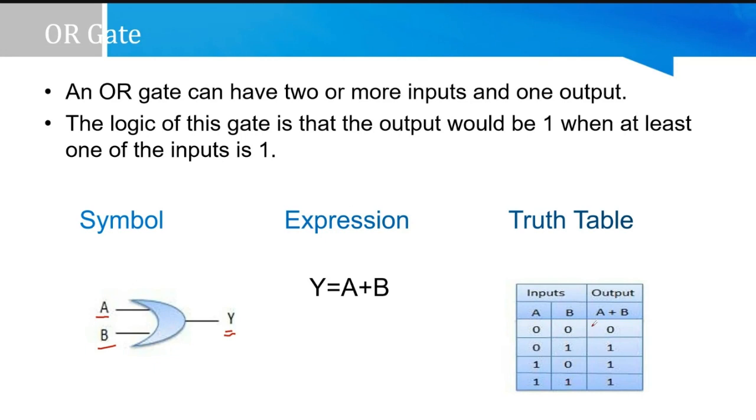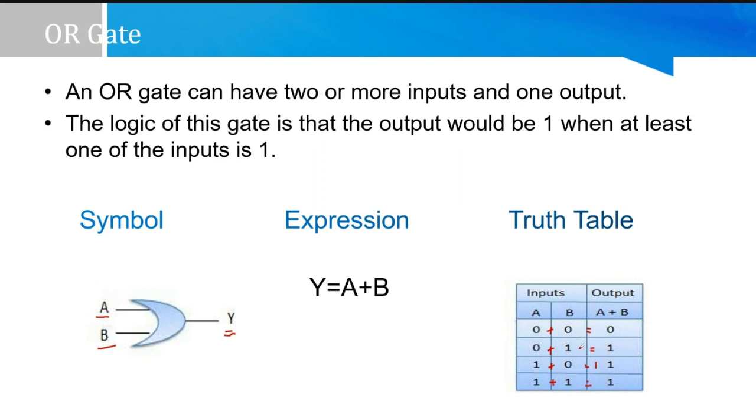So 0 plus 0 is 0, 0 plus 1 is 1, 1 plus 0 is 1, 1 plus 1 is 1. That's why we call it a logical addition operation.